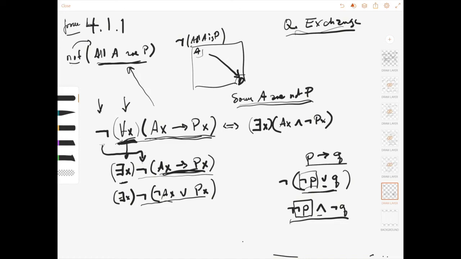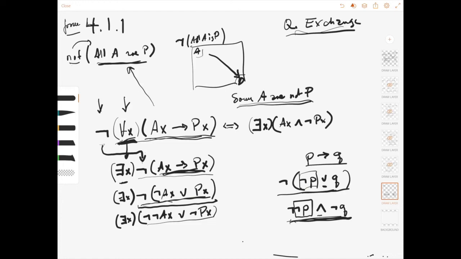So we could do exactly the same thing here to this expression, just keeping everything intact, meaning we've got our existential quantifier. We can write, it's not the case that not A of X or not P of X. So notice this expression follows exactly the schema of this because this and this have the same schema.